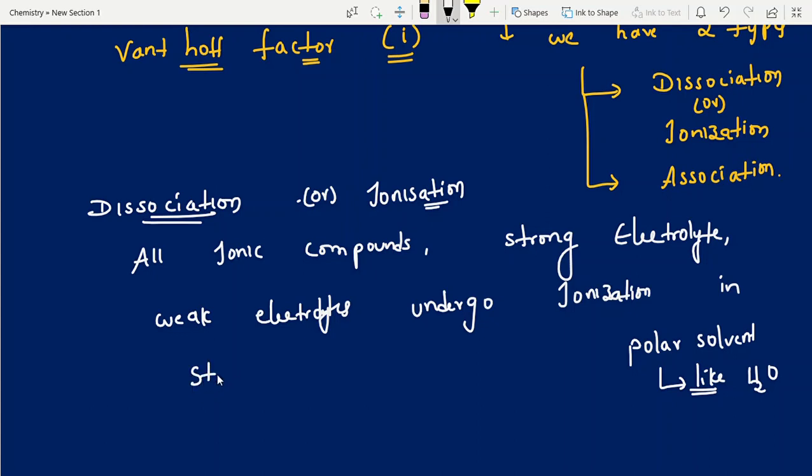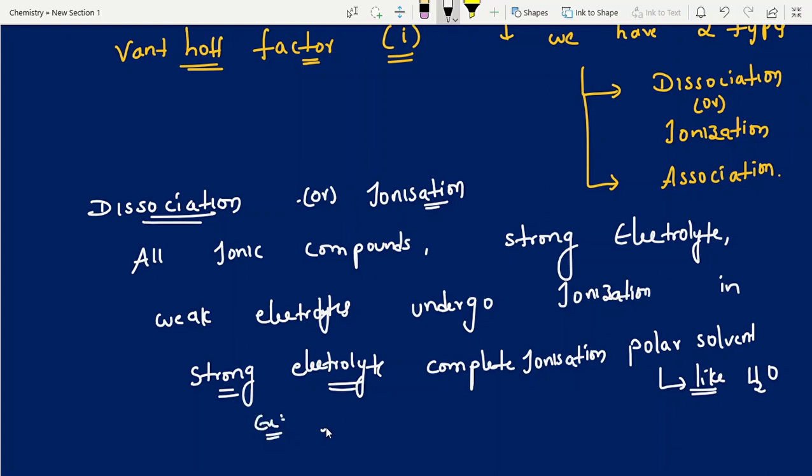If you take strong electrolytes and put them in water, complete ionization. Examples: all strong acids, HCl, H2SO4, HNO3.